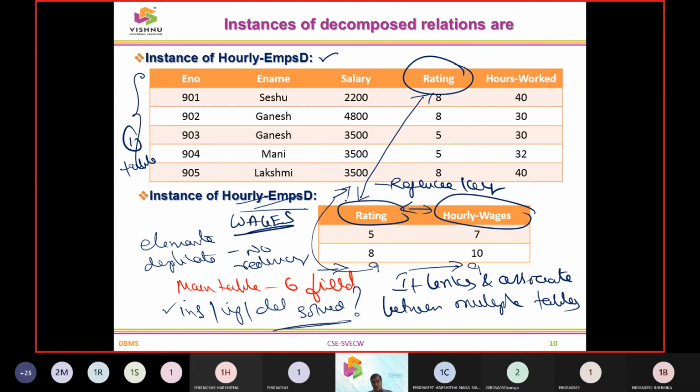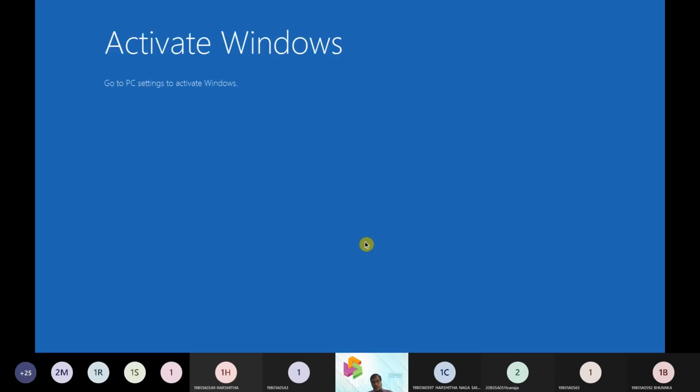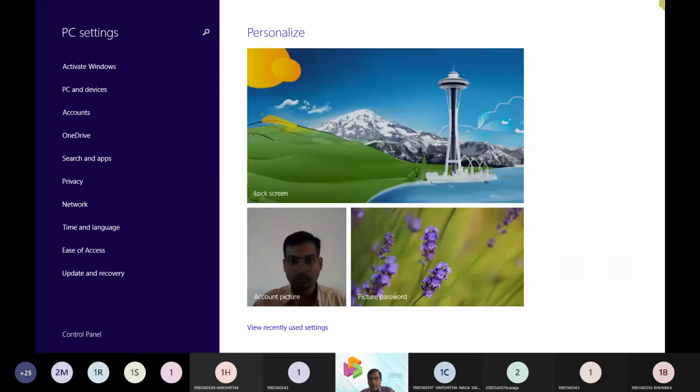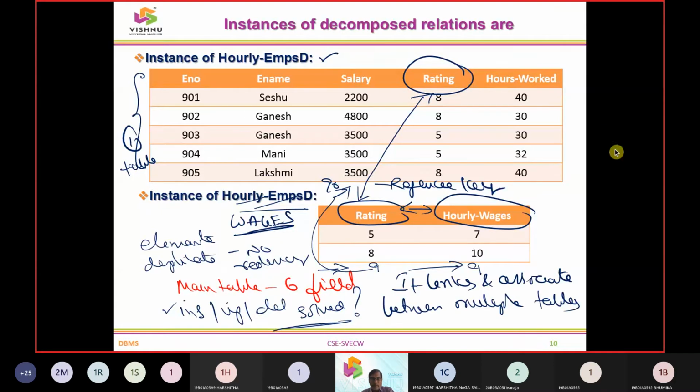Then I can link it to a new record called 906. So instead of updating the things in the main table, I am going to update the things in the sub table, and thereby we can include a new record here, 906.